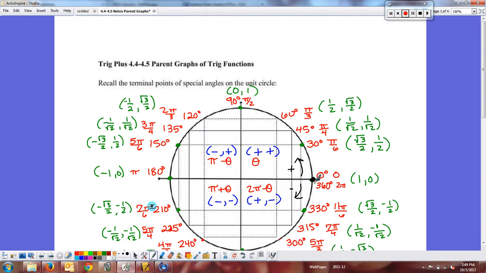So think of this like I'm going to take a piece of string that's wrapped around here, take it apart and unwrap it, and this is going to be a number line, except it's not going to have 1, 2, 3, 4 on it. It's going to be a number line that has the angle measures marked on it going around.